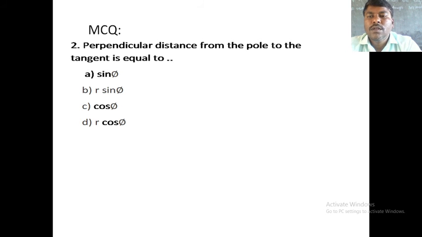Next, the perpendicular distance from the pole to the tangent is equal to, answer is B. The perpendicular distance from the pole to the tangent is equal to r sin phi.